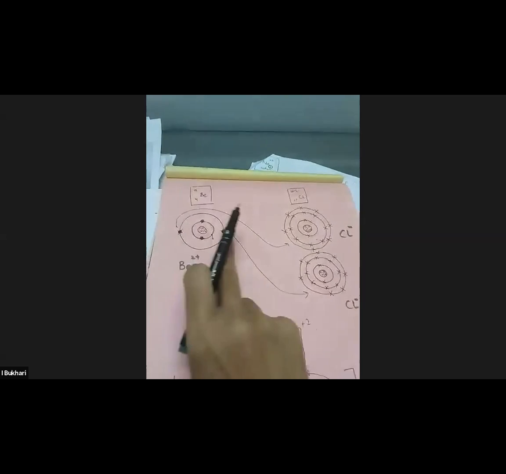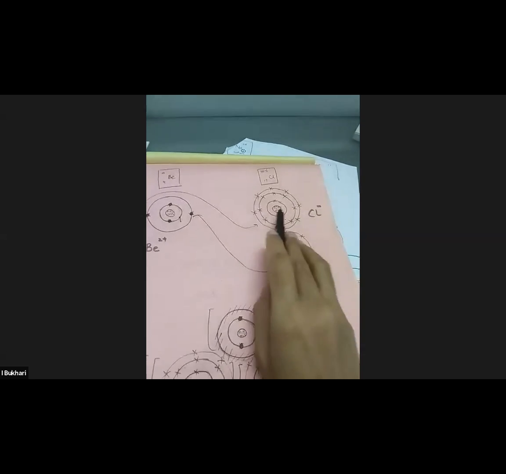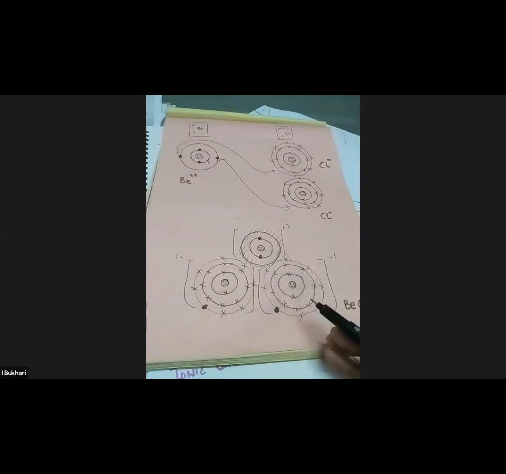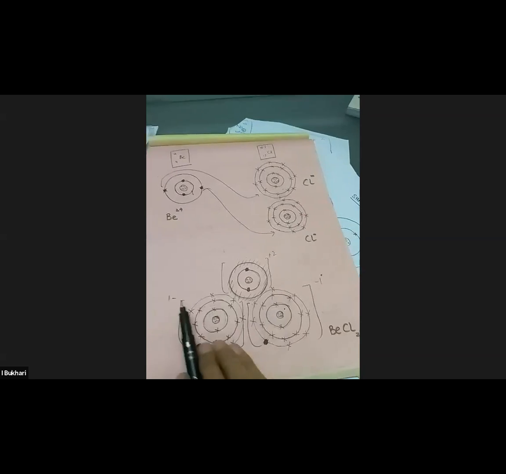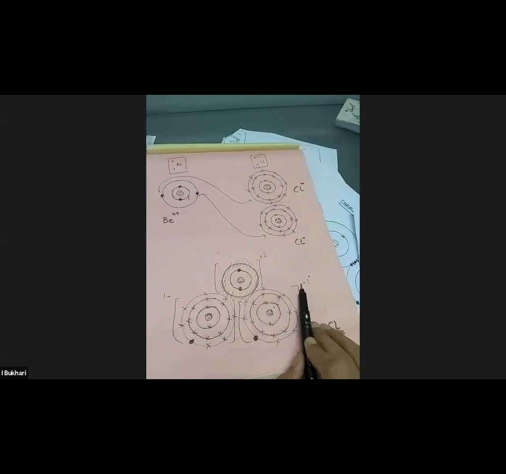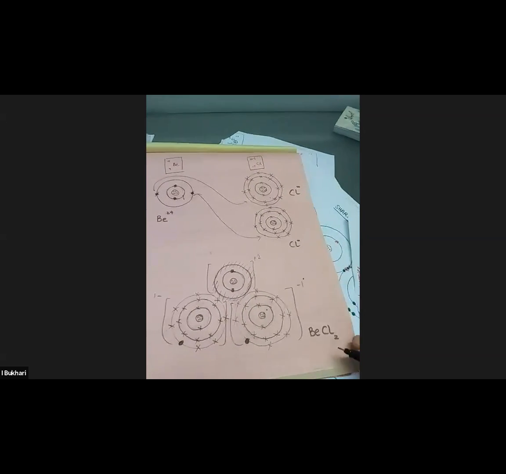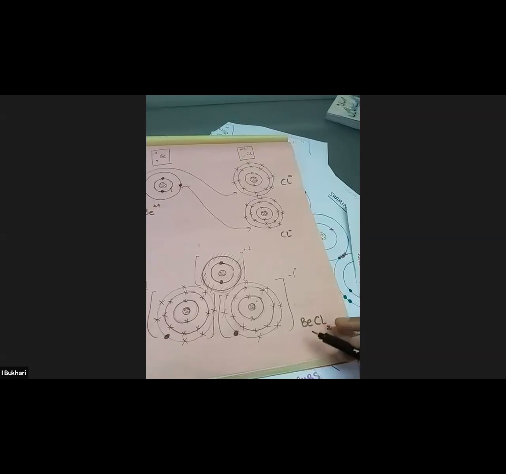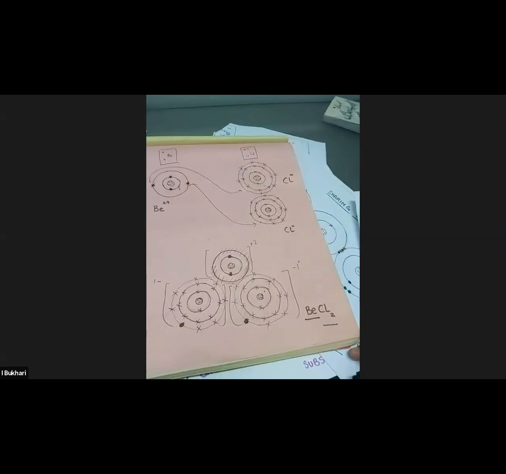So each beryllium will lose 2 electrons and give one to each chlorine atom, and so the end result would be this. Chlorine will have gained 1 additional electron. So 2 chlorine atoms with -1 charge and 1 beryllium with +2. So we have 2 chlorine atoms in a beryllium chloride compound and 1 beryllium atom.